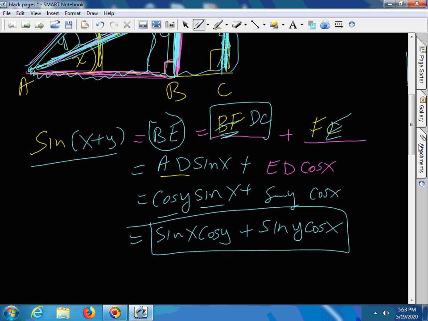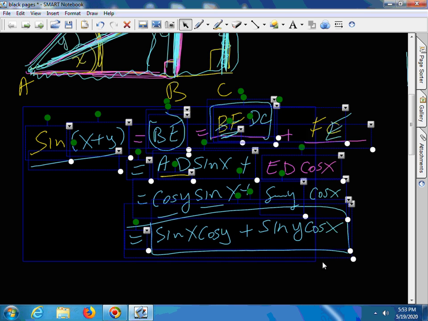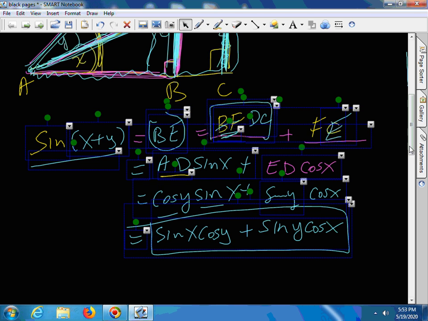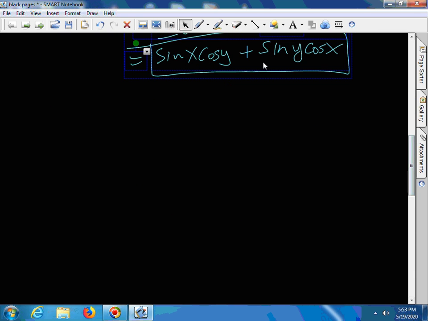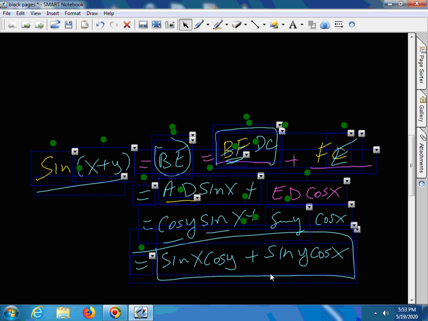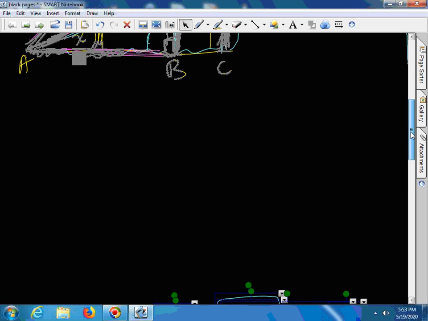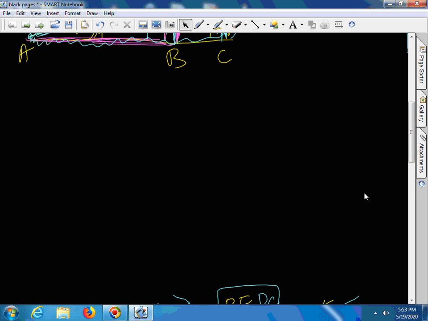That's exactly what we want. Just so I can have this area to do the cosine of x plus y, we can just bring our formula down. That should give us enough room.